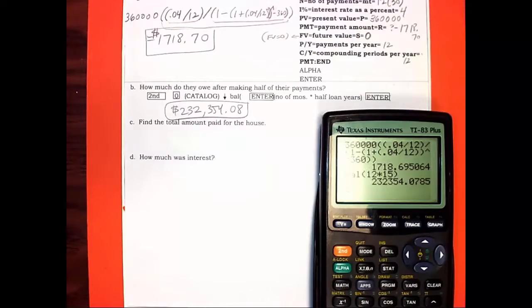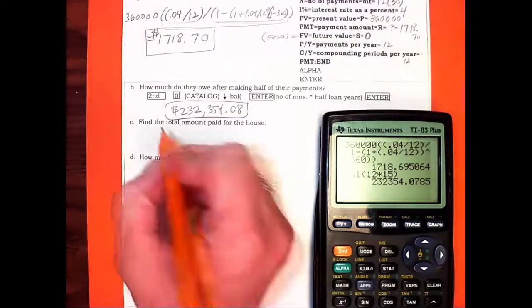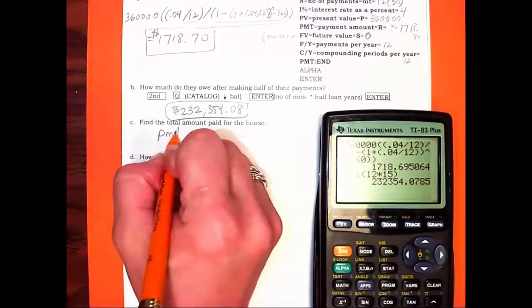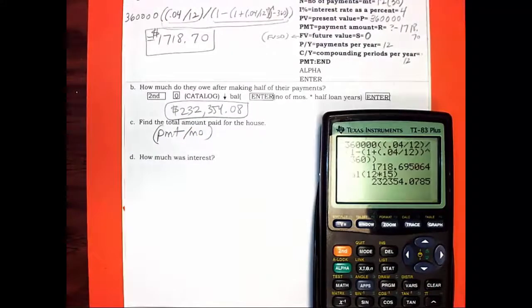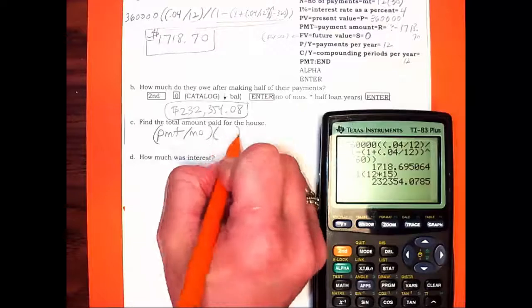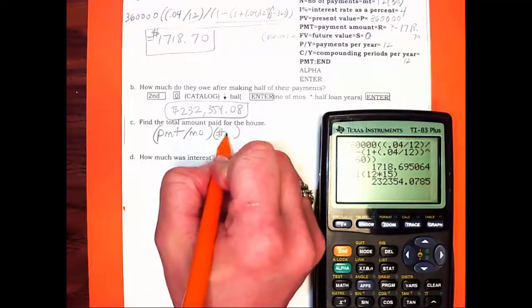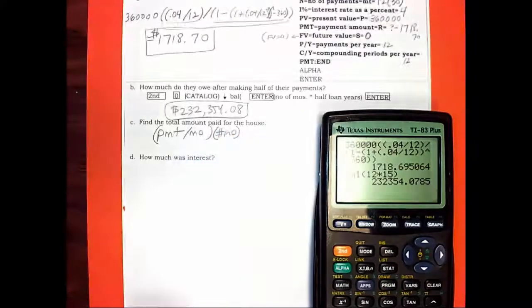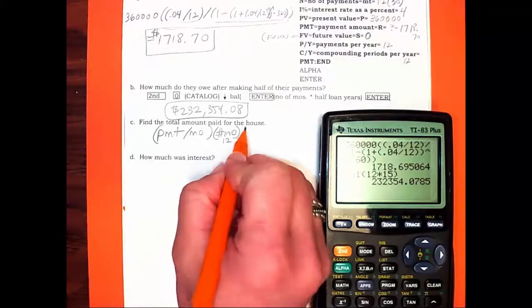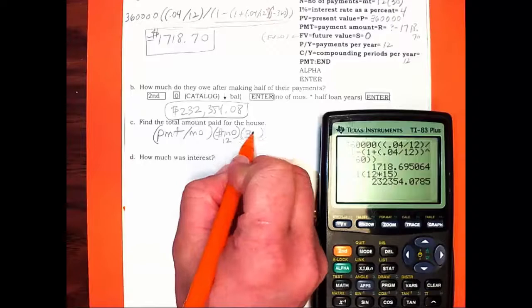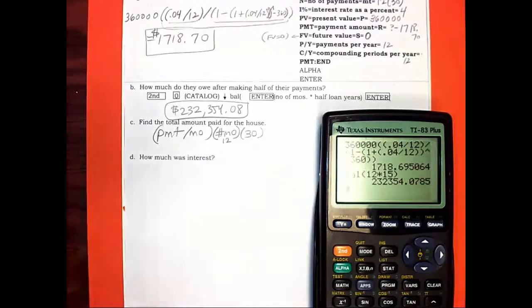To find the total amount paid for the house, we can essentially just take our payment that we make every month and do what with it? Well, we can multiply it times the number of months that we're making the payments for, right? Or we can figure that out by taking how many months are in a year and then multiplying it by how many years we are having to pay.